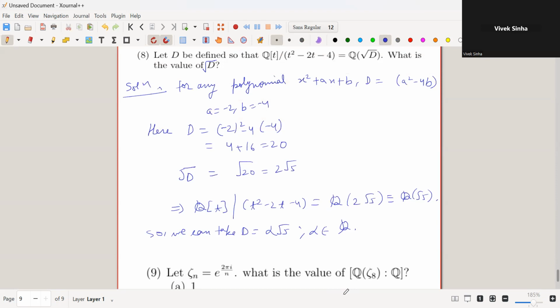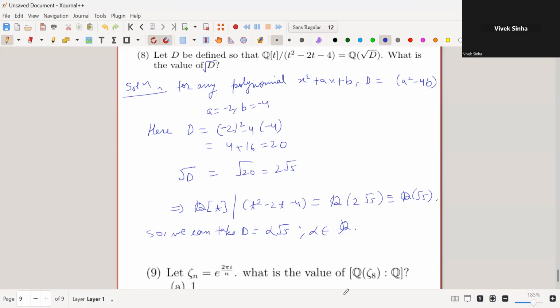The value of root d, that is the question, or only value of d? Value, that's what I said. No, there is a typo. Here it should be root d. What is the value of root d? Okay, only root d, that is 2 root 5? That is 2 root 5, but you can take any multiple of root 5 because 2 is already there inside Q.